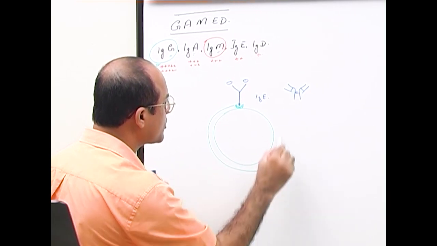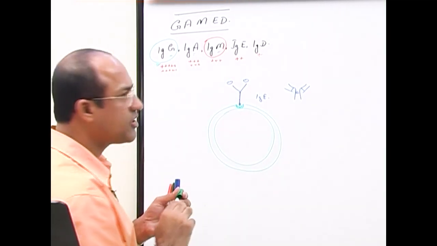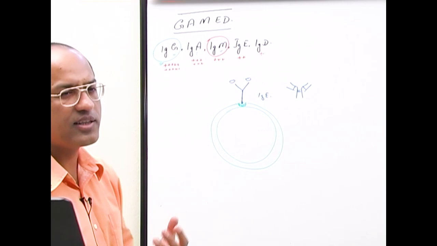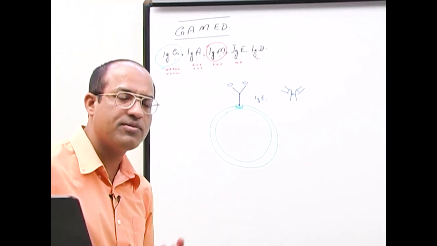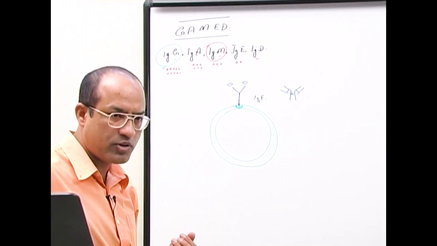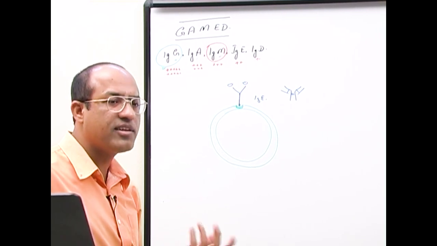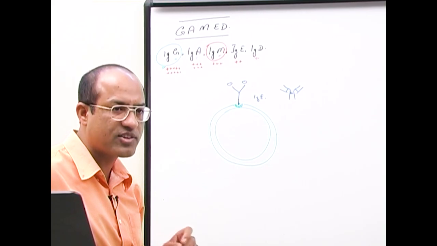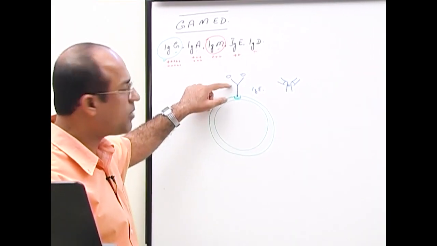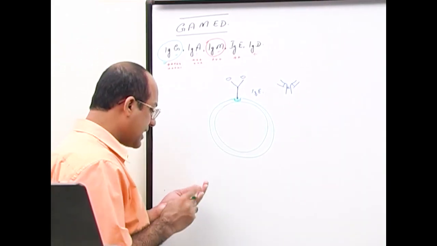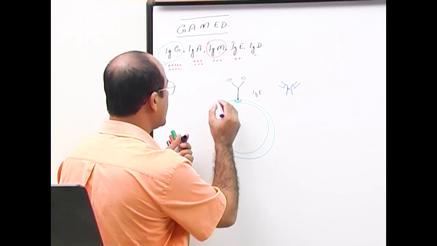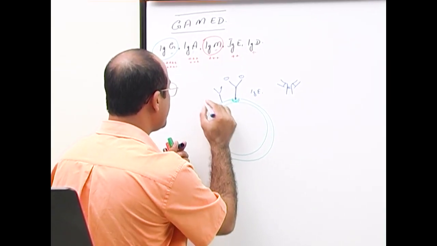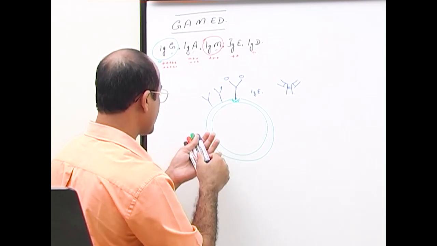For example, if you have allergy to penicillin and you have made anti-penicillin IgE antibodies, then IgE antibodies will be loaded on the mast cells, and when allergen comes and binds with the IgE antibodies, the allergen usually cross-links multiple IgE.